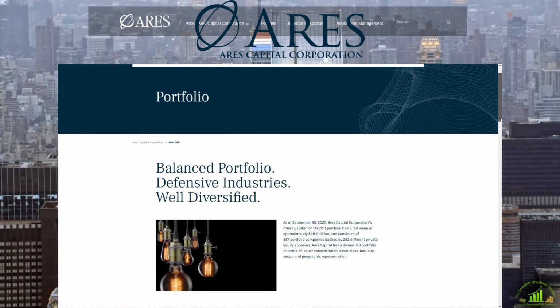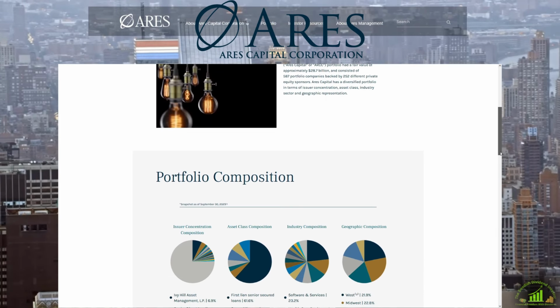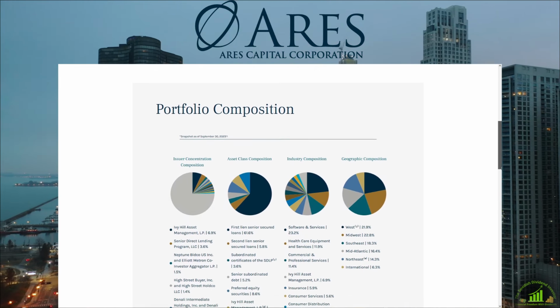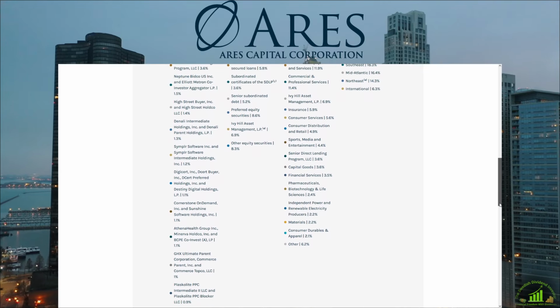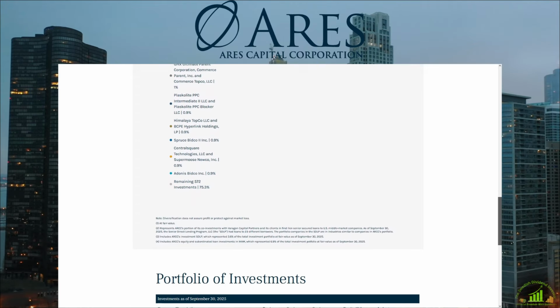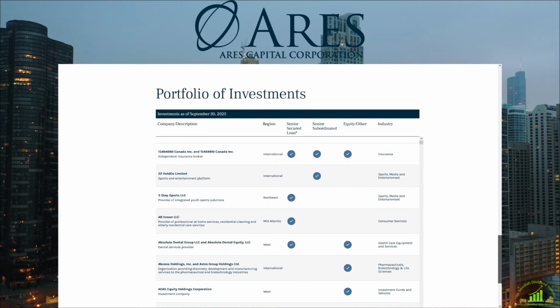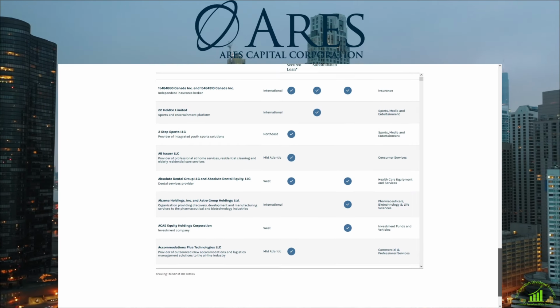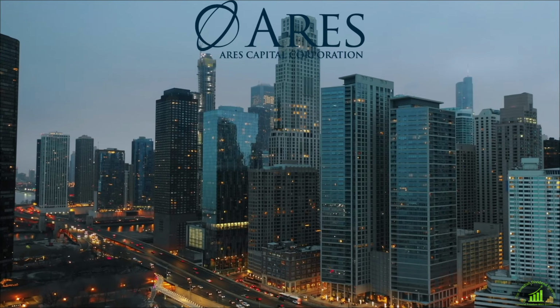It earns income from interest payments on these loans. The company is externally managed by Ares Management Corporation, a leading global investment firm specializing in credit, private equity, and real assets. Most revenue comes from interest on senior secured and mezzanine loans. They maintain a diversified portfolio across hundreds of borrowers and industries, helping manage credit risk.